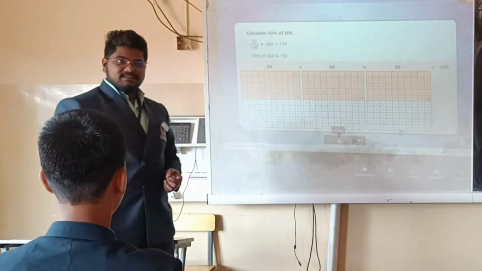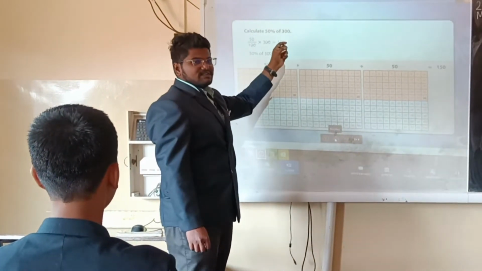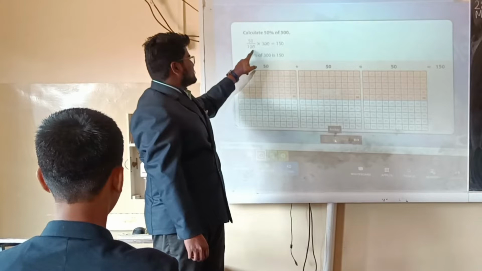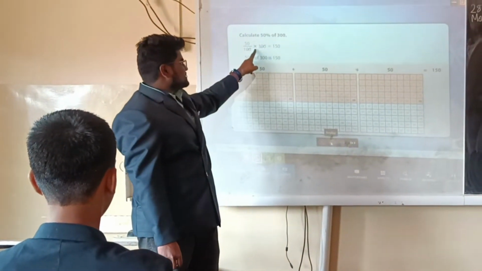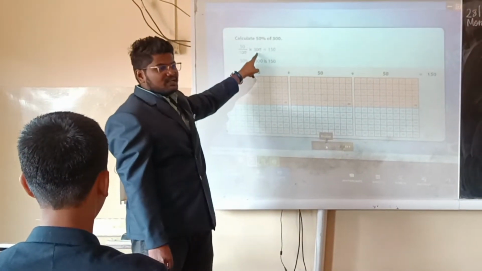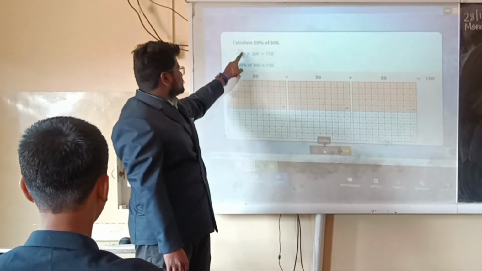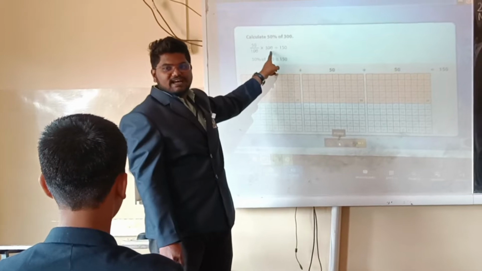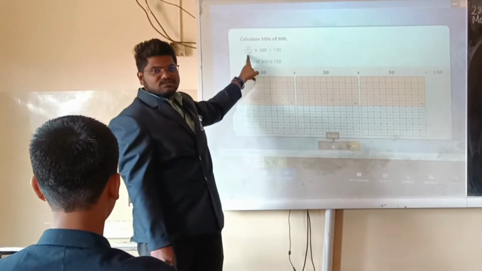Okay, so I'll explain this to you again. 50% of 300. Again, we'll divide this question into three parts. 50% can be written as 50 upon 100. Of can be written as multiplication sign. And 300 can be written as 300. Now, as you can see in the numerator, you have 1 zero from 50 and 2 zeros from 300. So, total you have 3 zeros. And in the denominator, you have 2 zeros of 100.